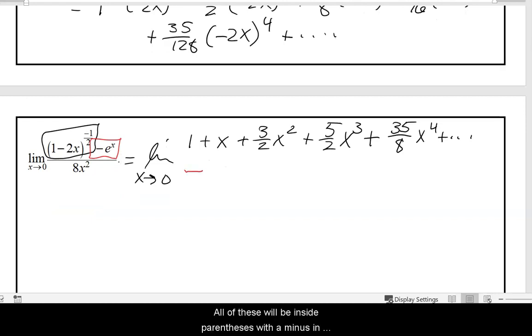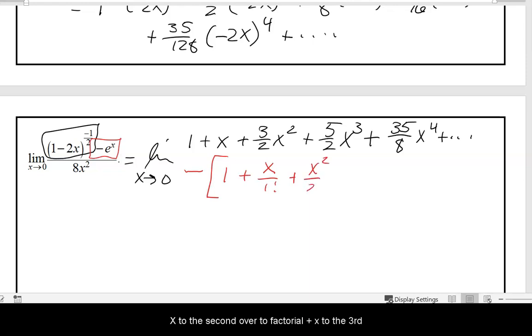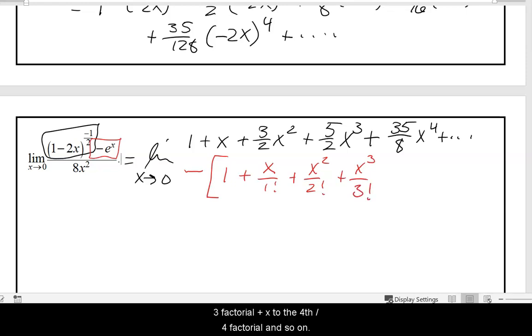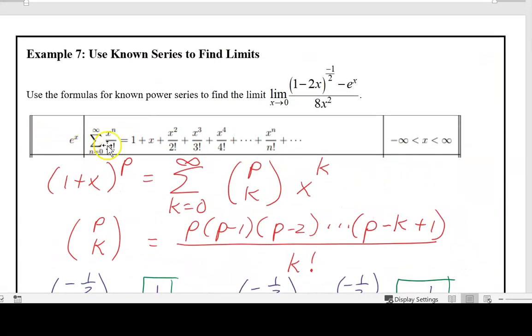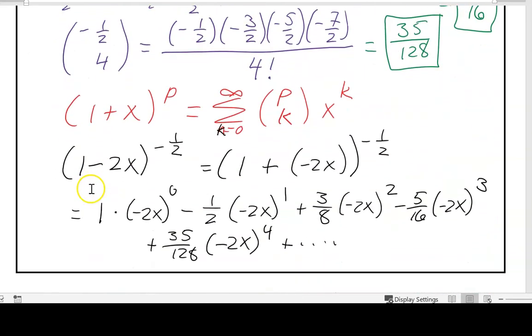All of these will be inside parentheses with a minus in between. It starts with 1, and then we have x to the first over 1 factorial plus x to the second over 2 factorial plus x to the third over 3 factorial plus x to the fourth over 4 factorial, and so on. Again, remember that the expansion for e to the x centered at 0 does have the form of x to the n over n factorial.